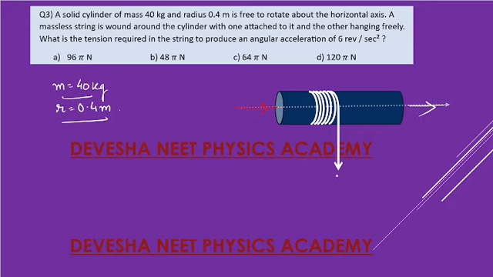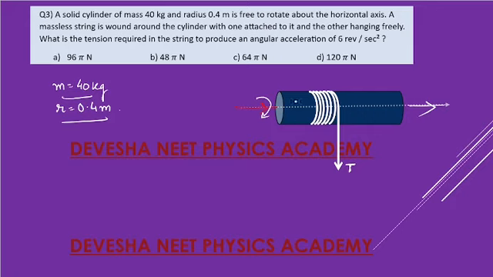Now imagine if this is pulled, what will happen? Imagine there is a tension T. If it is pulled with tension T, it will make the cylinder rotate like this, because the rope is pulled.